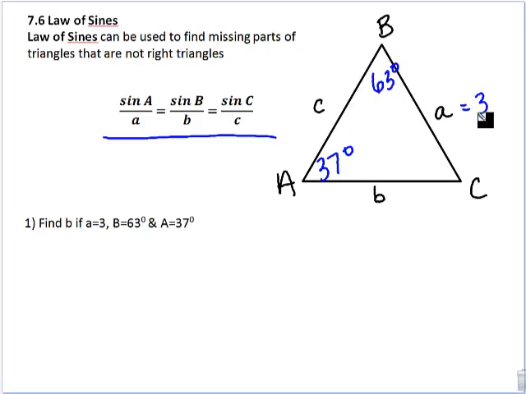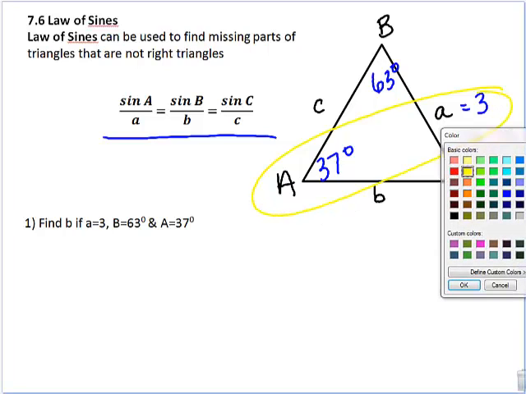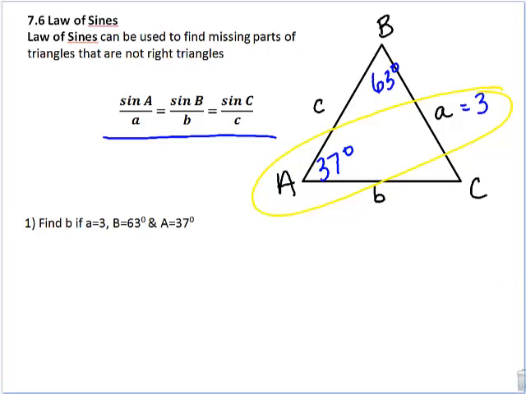Notice that it's always sine of A over a, so it's the angle and the side opposite. In our diagram, we have the angle of 37 degrees, and the side opposite of it is 3. So we would start by saying sine of 37 over 3.